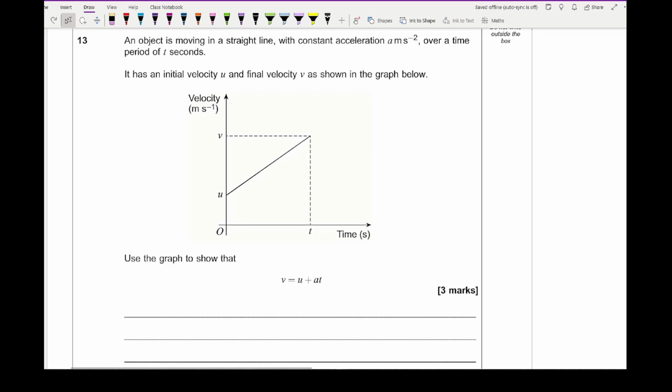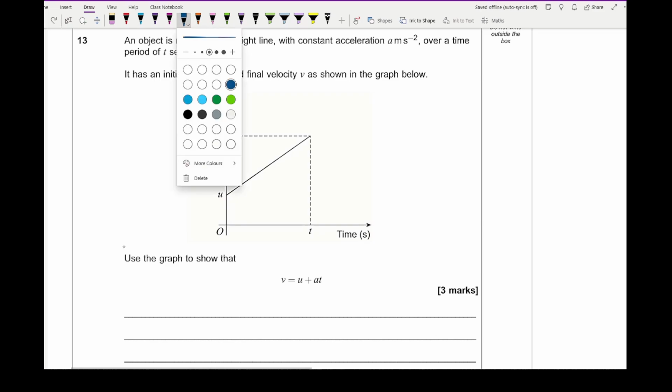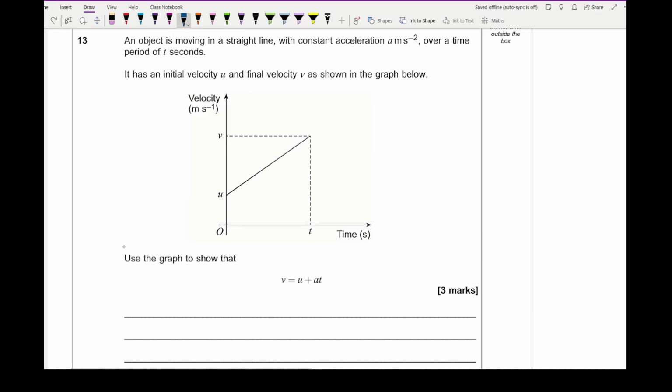In terms of acceleration, acceleration is the gradient of the velocity time graph, and in terms of the gradient we want to do the change in the y direction divided by the change in the x direction.